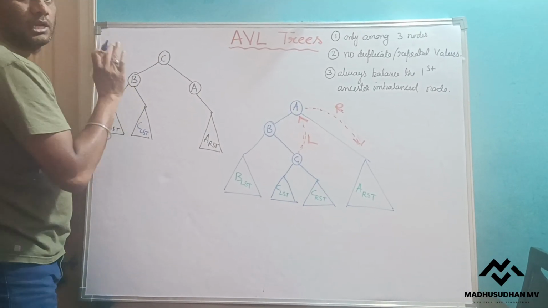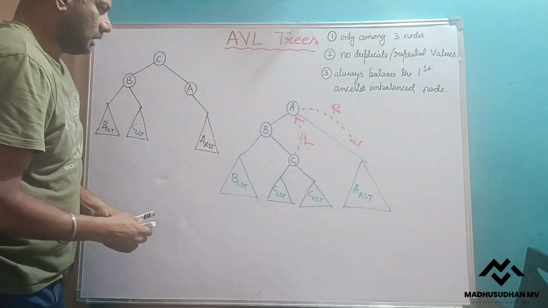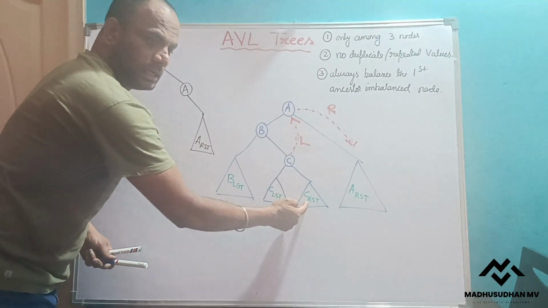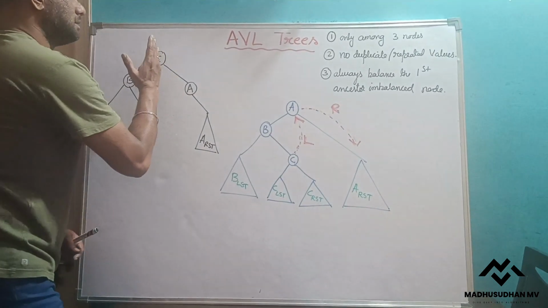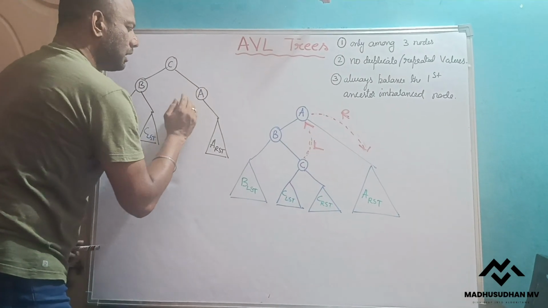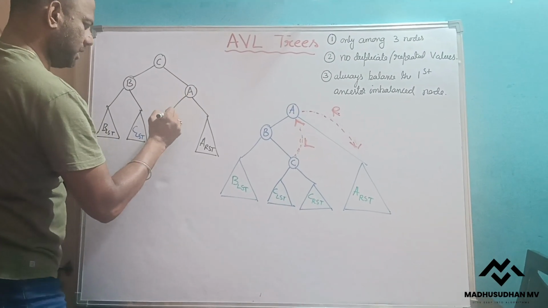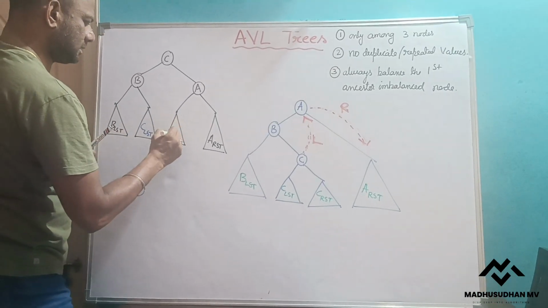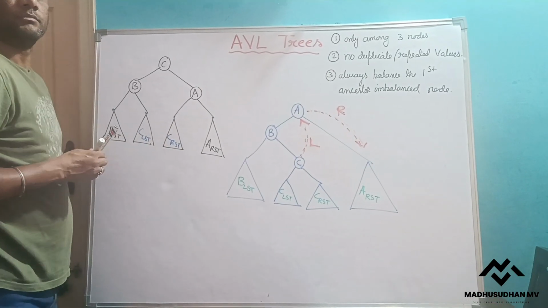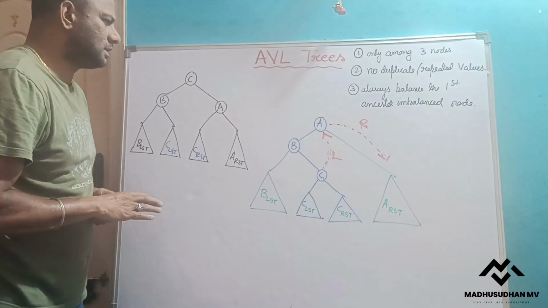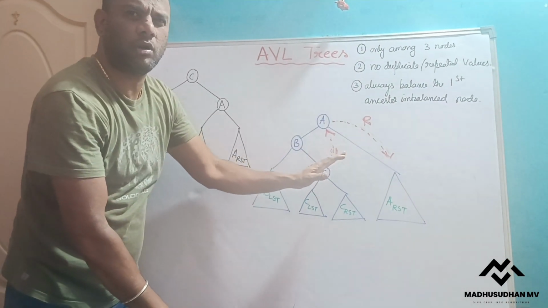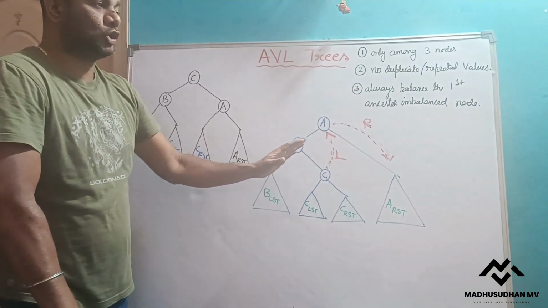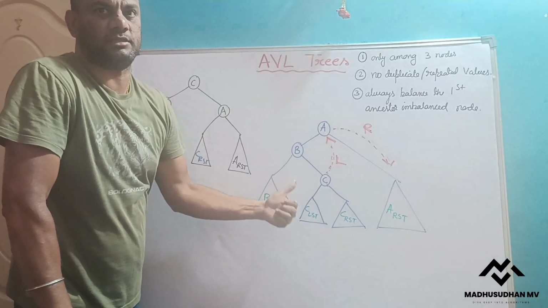Next, C right subtree means greater than C. Greater than C should come to the right, and I have only this option, so it should come here. So this is C's right subtree. You can consider this a formula or method, whatever. I hope you understand this special case also.